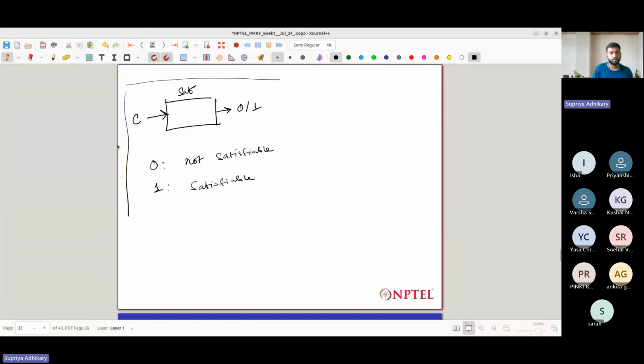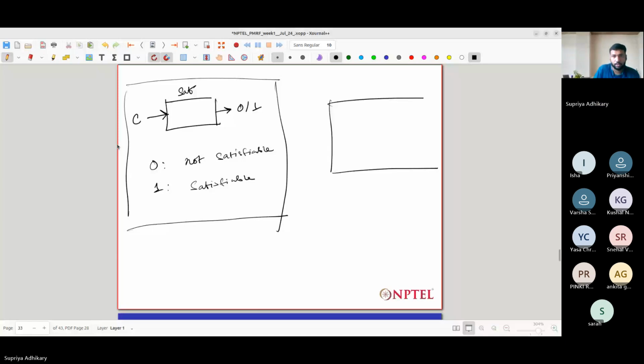So this is our algorithm that we already have. Now, using this algorithm, we have to decide whether a given proposition is a tautology or not. So this is what we have to build: an algorithm that decides whether a given proposition is a tautology or not.